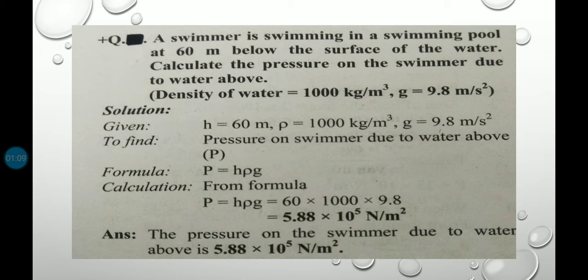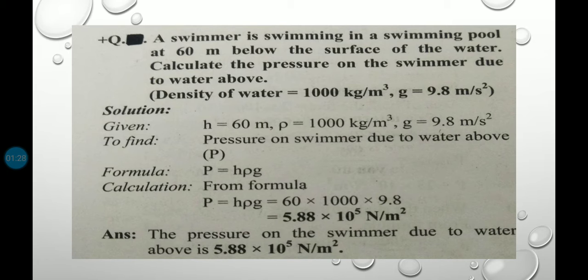Here the height h is equal to 60 meter and rho is the density of water, that is 1000 kg per meter cube. Then we know the formula: P is equal to h rho g.